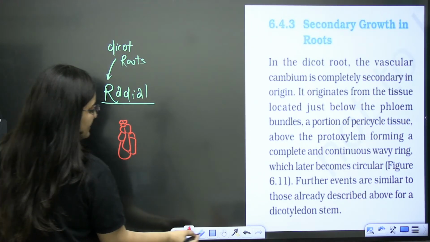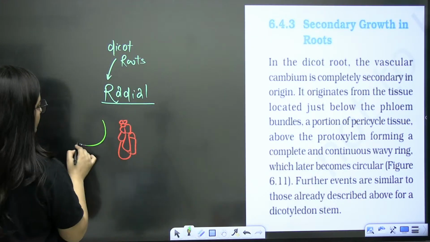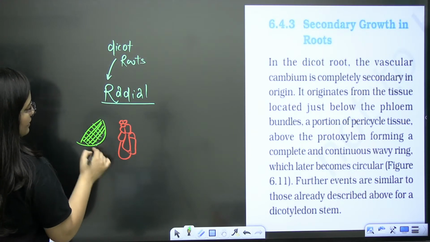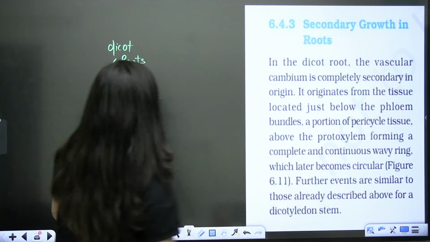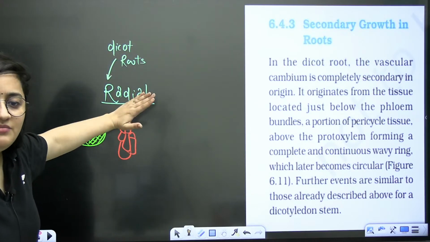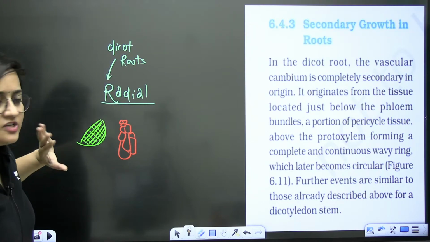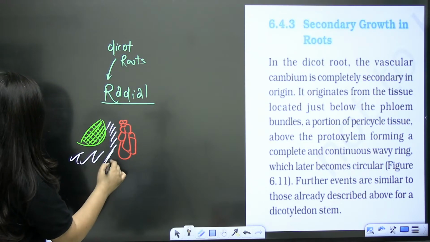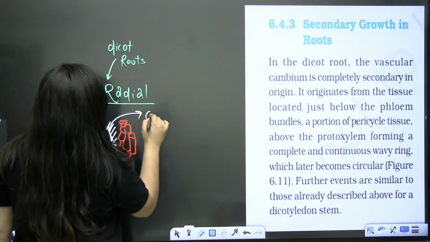Xylem is arranged with the protoxylem facing the periphery. In between the xylem and phloem you will see parenchymatous cells, and for them we use the word conjunctive tissue.